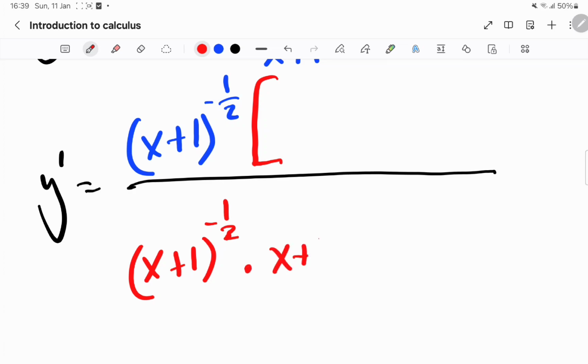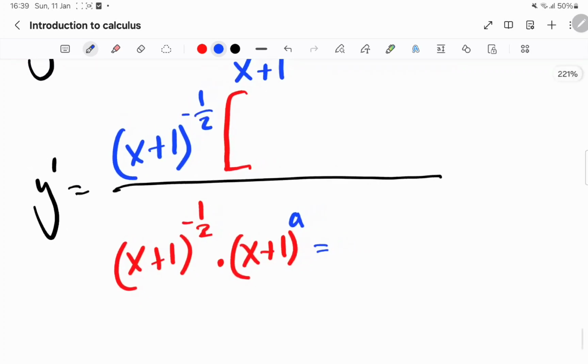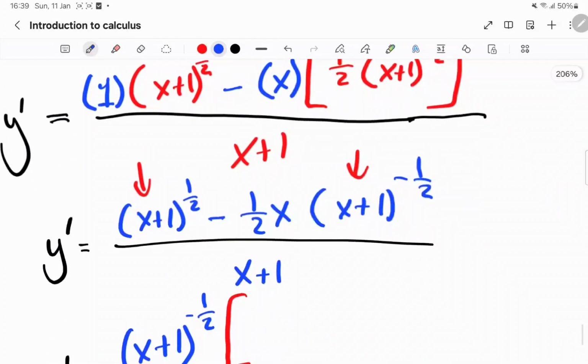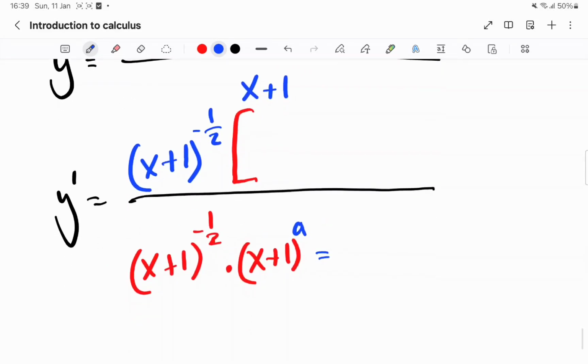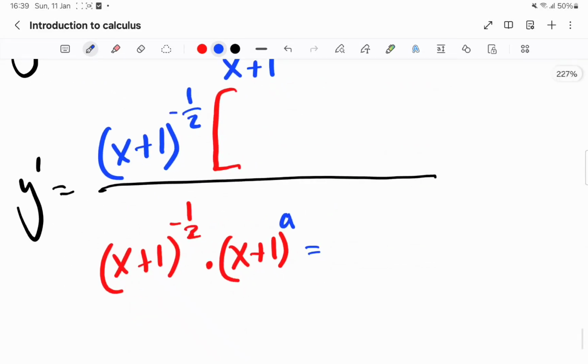Multiplied by x plus 1. Let's give it a number. Wait, just to make sure I'm not messing up anything. Gives us x plus 1 to the half.